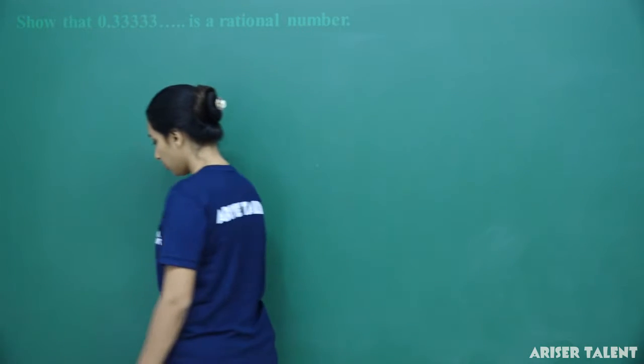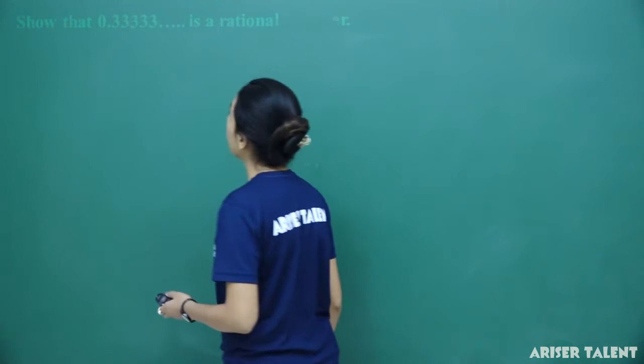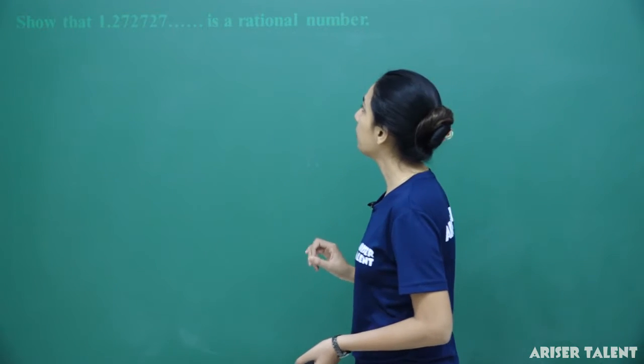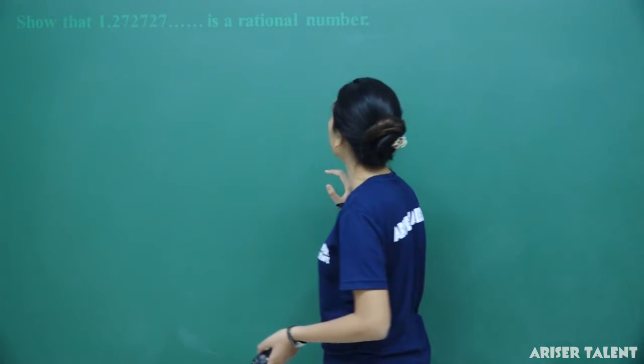Right. So with the next one we have: show that 1.272727 and so on is a rational number.